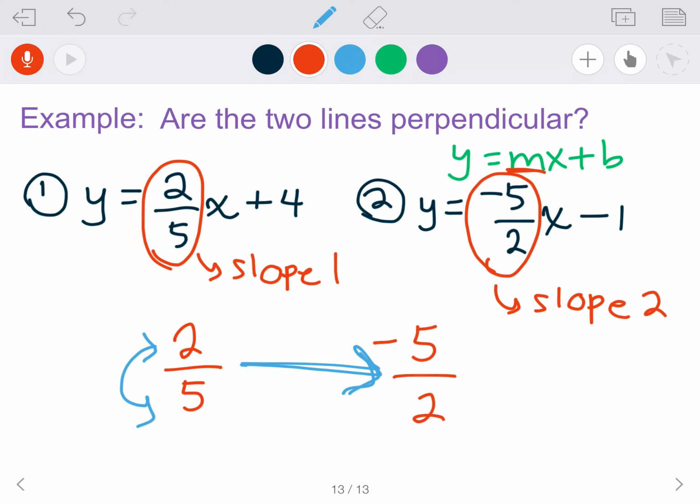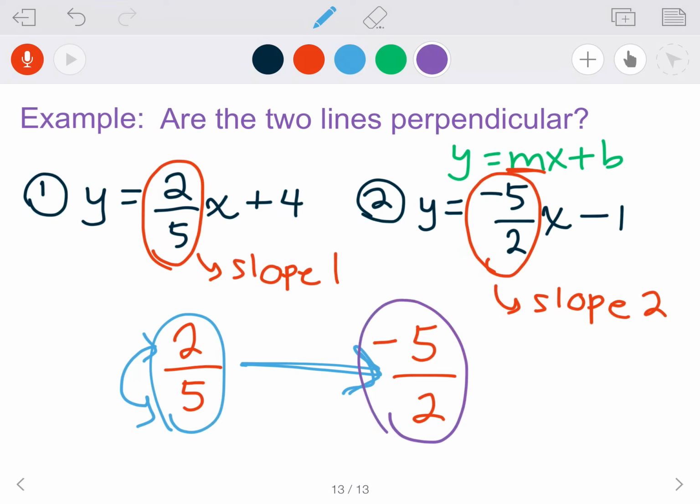Notice that our original fraction of 2/5 is positive. There's a +2 and a +5, so the entire number is positive. Looking at the second number, -5/2, we've got a negative number over a positive number, which means our entire fraction is negative. It has a negative value, -2.5, if you will.